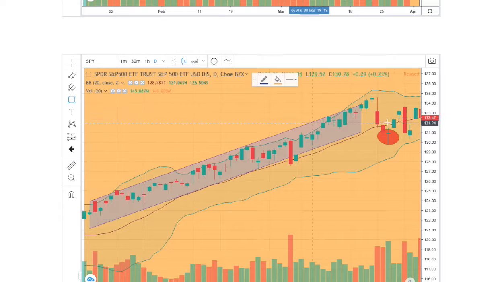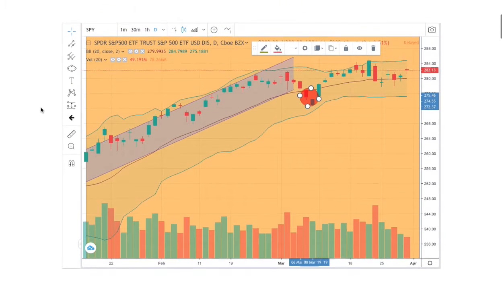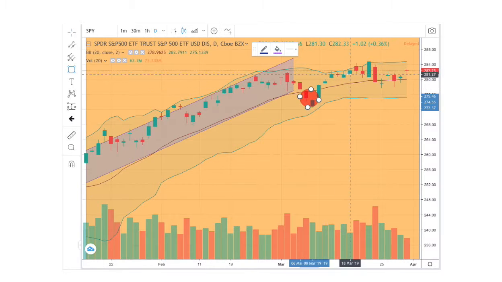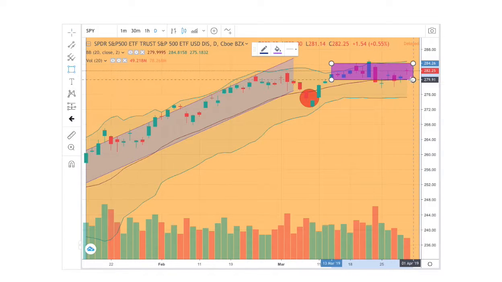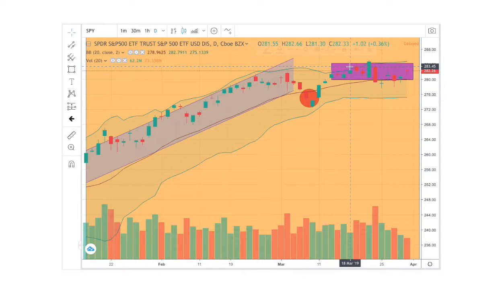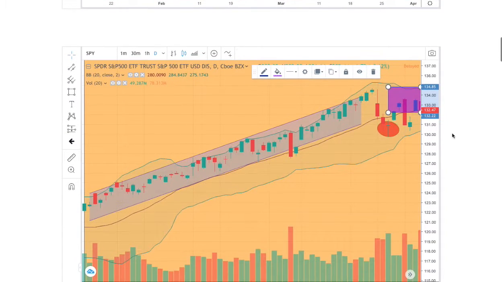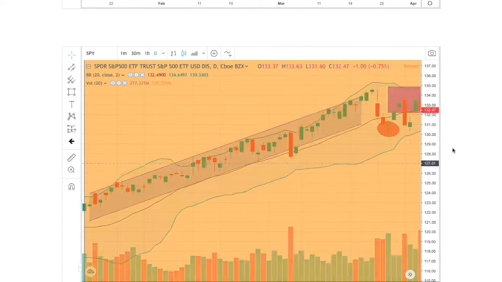We'll just make this a rectangle, and this will be purple on the current trend. This will also be purple since it's above the middle Bollinger Band. So we have 1, 2, 3 points that are identical roughly at the same time. 1, 2, 3, same thing.